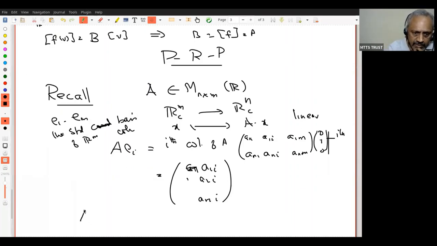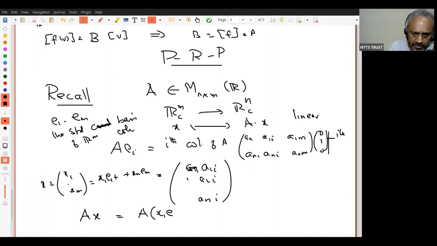Now you can ask what is then A of X? Suppose X equals X1 to Xm. This I can write as X1 E1 plus Xm Em. Therefore, A of X is nothing other than, notice that matrix multiplication is linear.